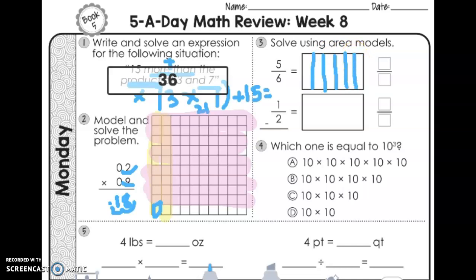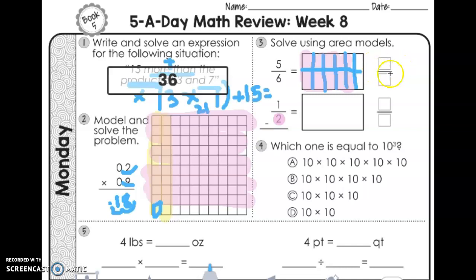And I'm going to color in 5 of those sixths. And I see that my denominator for the other number is 2. So I'm going to use this model to divide this top number by 2 as well.